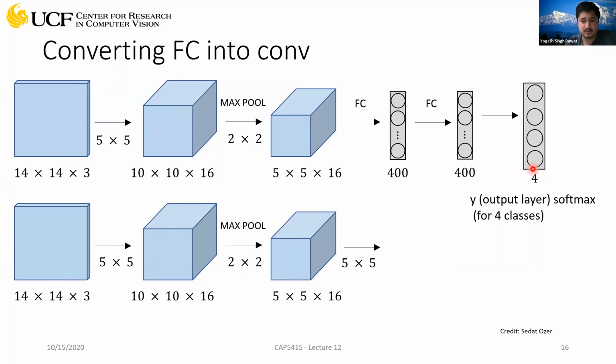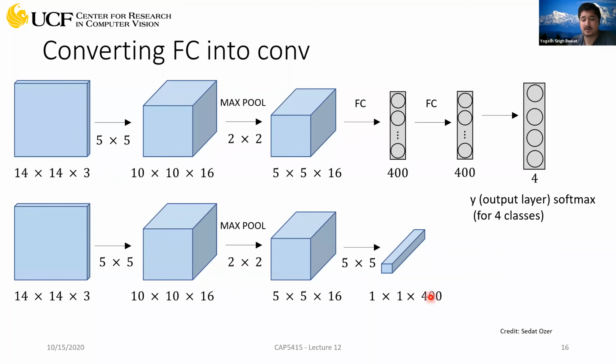Now, what you do is, these two are exactly the same, but instead of flattening this and turning this to 400 neurons, what you do is you apply a 5 cross 5 kernel on top of this, and that will just give you one value for each location, right?